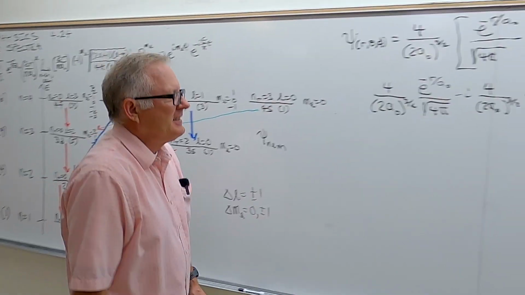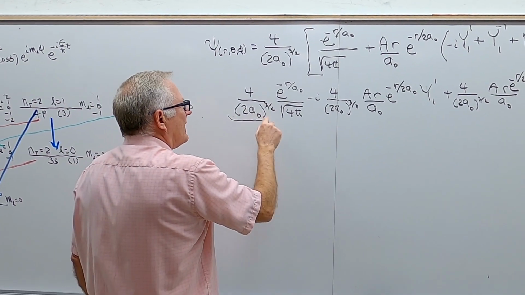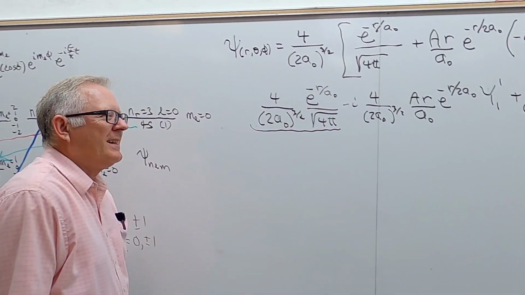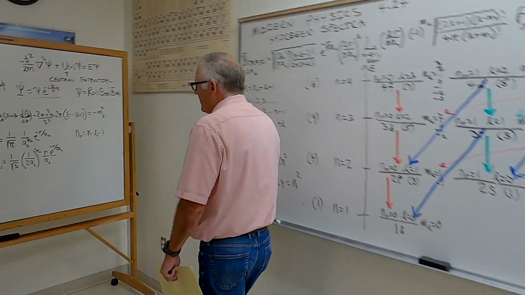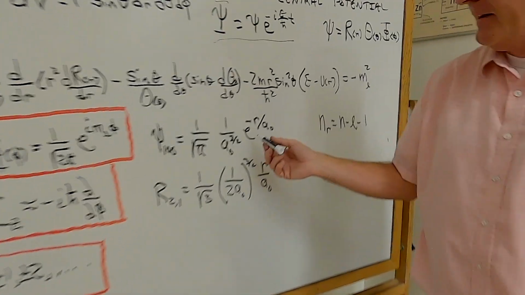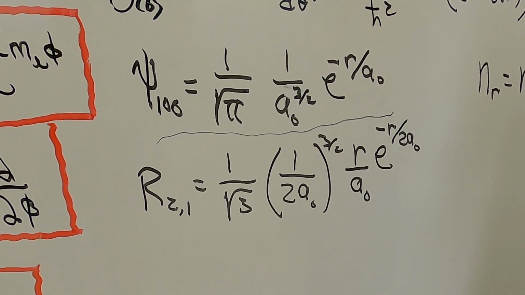Now I'd like to get these in terms of the psis. Now this one looks like my lowest state, the 1 0 0 state, almost. Here I wrote in the 1 0 0 state right here. So what I'm going to do is see if I can pull that out from this equation right here.